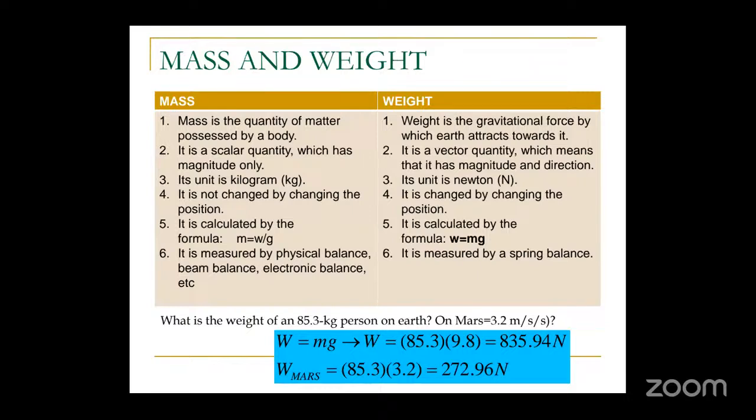For instance, on other planets, on Mars, on the Moon, on Jupiter, Saturn, and so on, the gravity there is different from the gravity on the surface of the Earth. However, the mass of the object remains the same, but because gravity changes, the weight of the object will also change. Mass is measured by using a physical balance, beam balance, or electronic balance, whereas weight is measured by a spring balance.